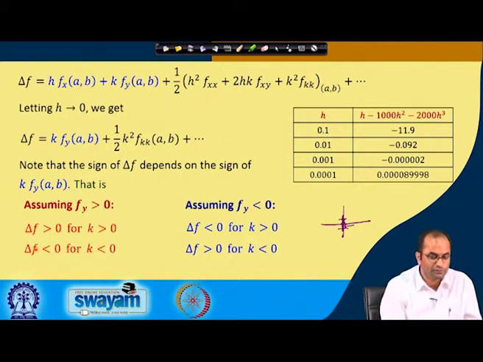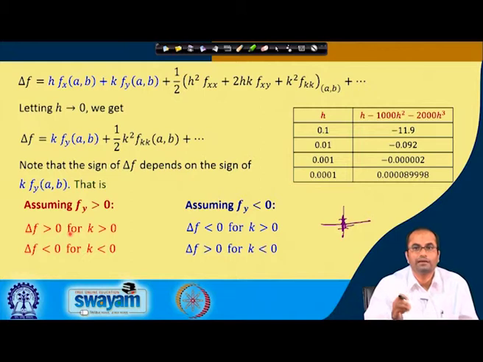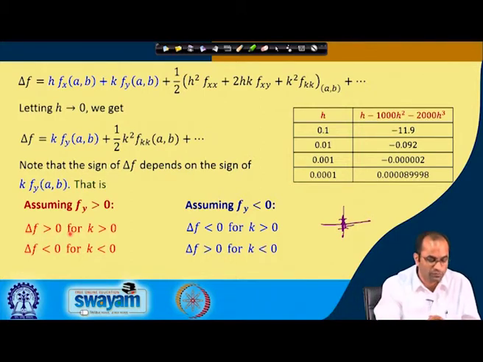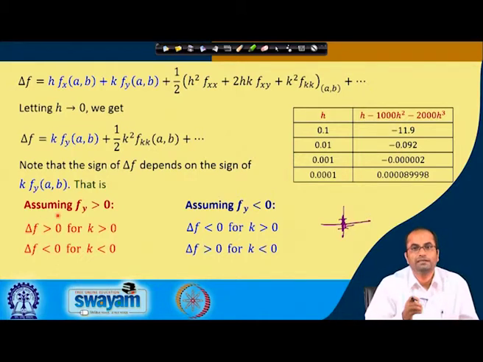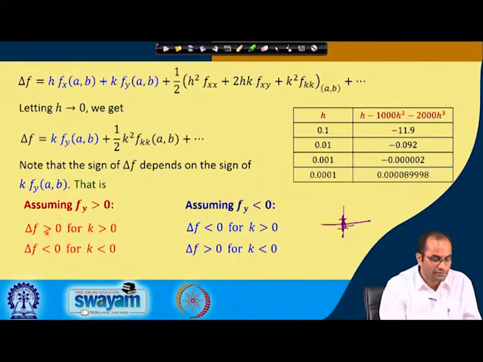So what we observe is that whether f_y is positive or negative, delta f is changing its sign. Delta f was the difference between the value at the point (a, b) and the value in the neighborhood. But to have a local maximum or local minimum, it should not change its sign, because only then can we say this is a point of local maximum or local minimum, when all the points in the neighborhood behave with the same sign.